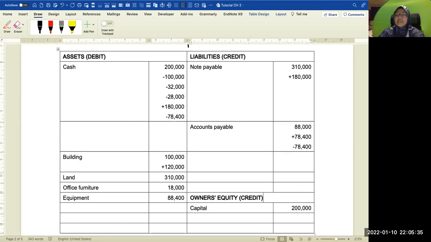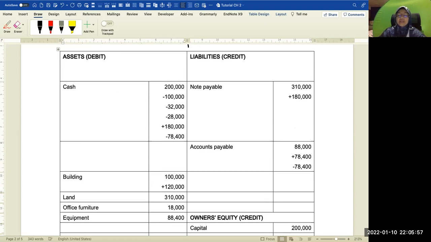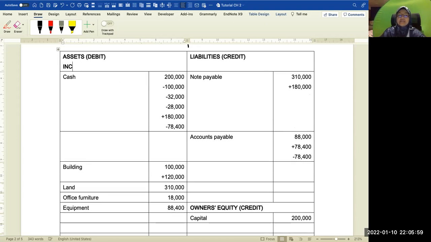So the nature of the account is, if it's an asset and there is an increase, it will be debited. If there is a decrease, then the asset will be credited. That's what is meant by debit and credit. So we are saying that debit is an asset increase.